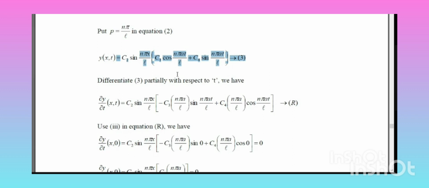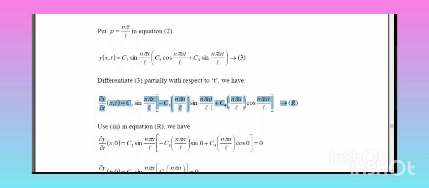Cos n pi at by L, if we are differentiating cos, minus sin n pi at by L. After that, n pi at by L you have to differentiate with respect to t, which gives n pi a by L. So minus C3 n pi a by L into sin n pi at by L plus C4 sin, if you are differentiating, cos n pi at by L. N pi at by L you have to differentiate, and you will get n pi a by L. So take this equation number 4.